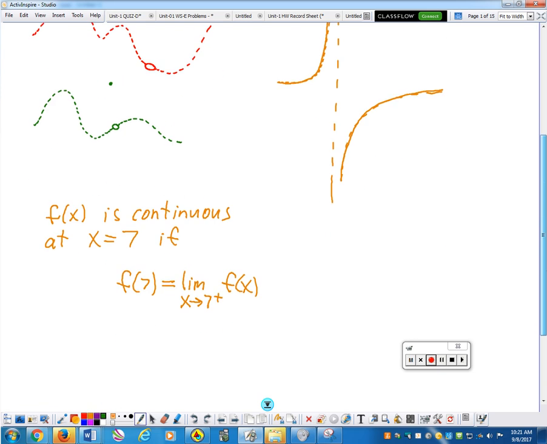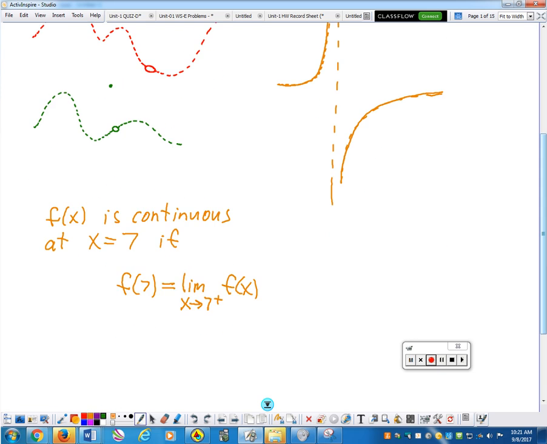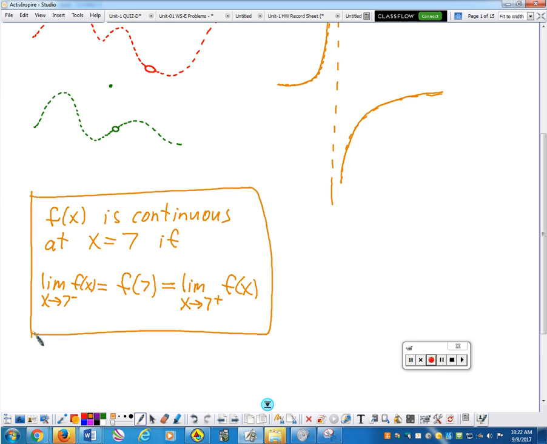That's the technical definition. So we need another equal sign over here. So it's left, middle, right. Question? Did you get that written down?